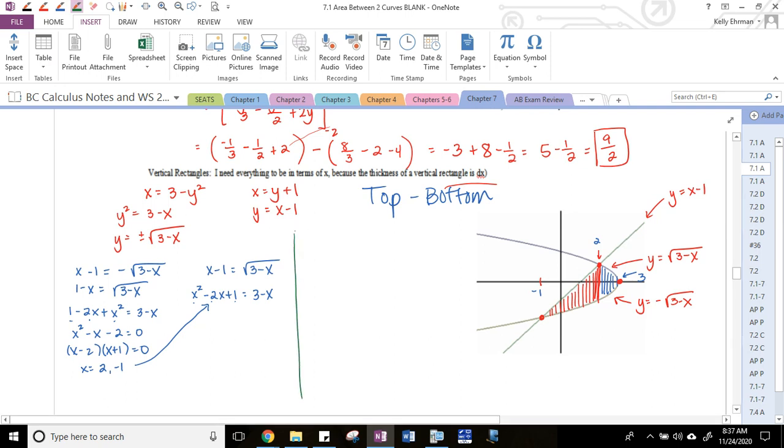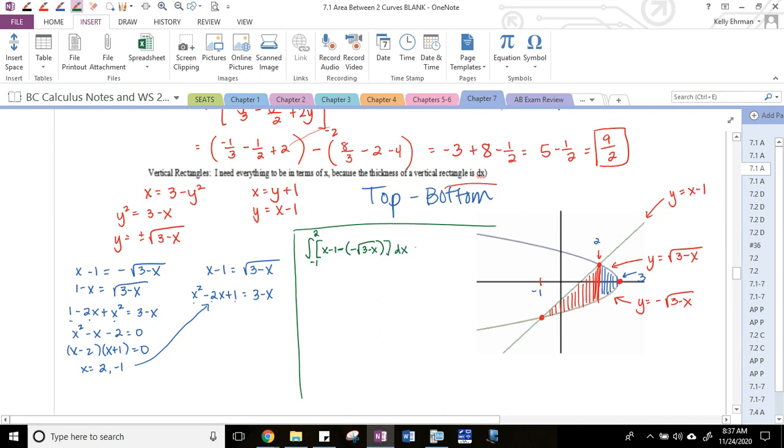Once I get this all figured out, my first area here is the integral from x equals -1 to 2 of the top function is the line, x minus 1, minus parentheses. The bottom is negative square root of 3 minus x. So yes, it is minus negative and then dx.